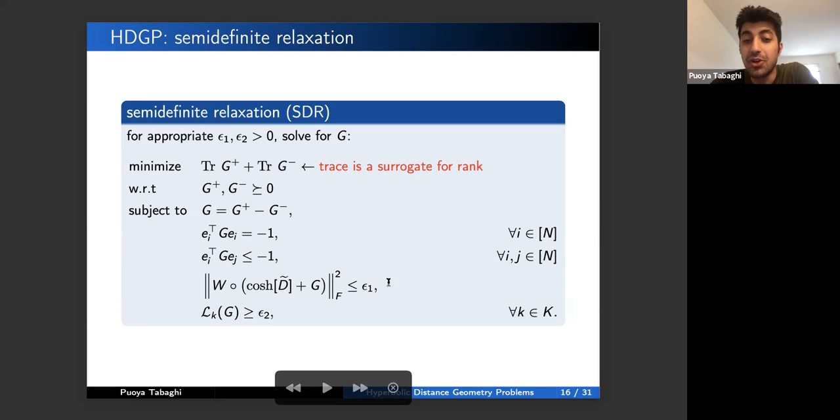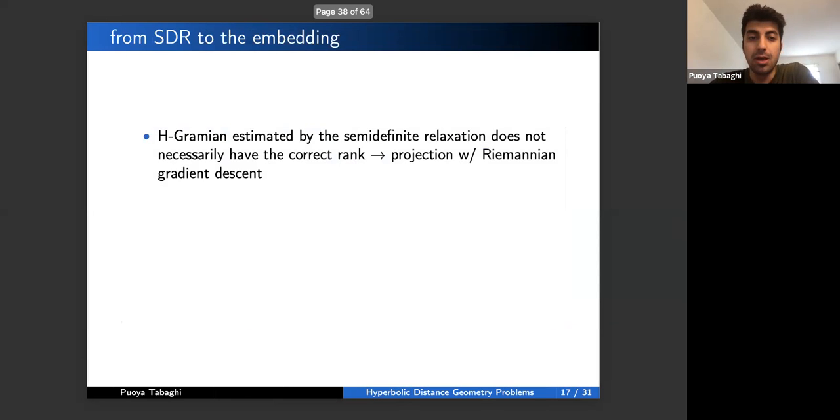It has to respect the measurements. This is a metric measurement and this is non-metric measurements, right? So this is a linear inequality constraint and this is a quadratic constraint. And these are linear. So this problem can be solved relatively easily with available SDR packages.